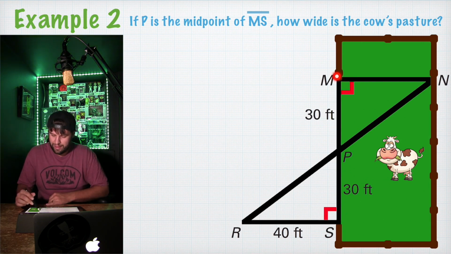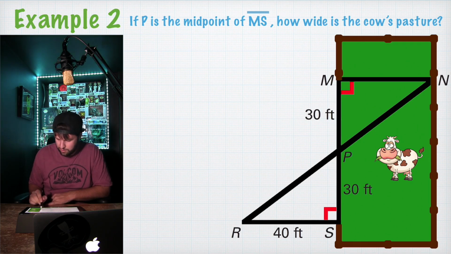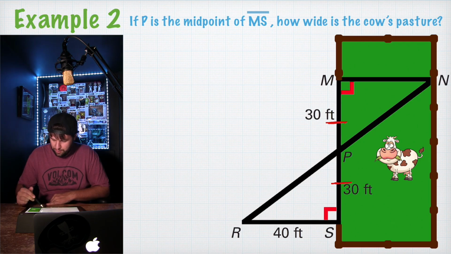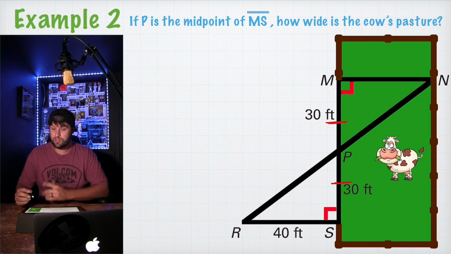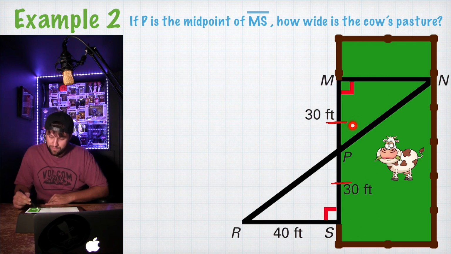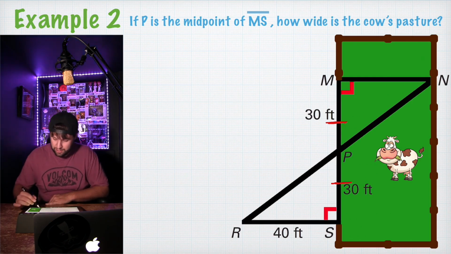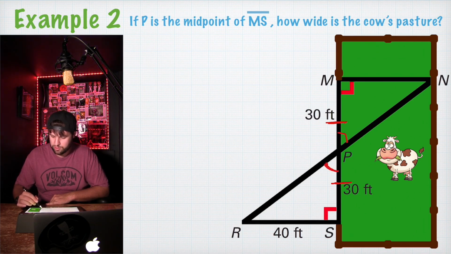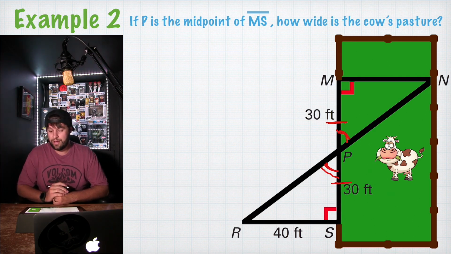So we know that MP and PS equal 30 feet, so they're congruent, okay? We also know that this is a right angle and this is a right angle, so that makes those two angles congruent. Lastly, if we look here, we have a pair of vertical angles, so we can actually say that angle MPN and angle SPR are also, I'm going to do double arches since there's a right angle, are also congruent.